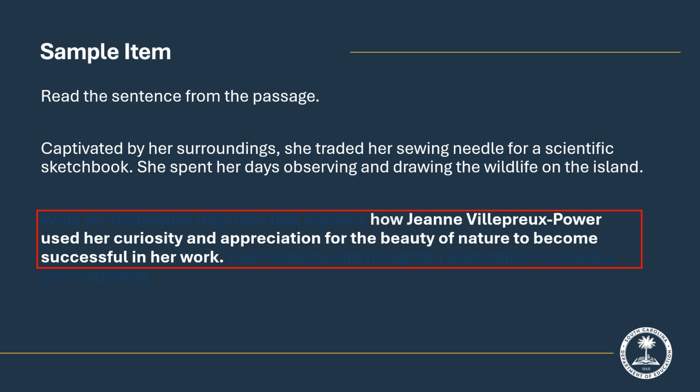In this case, we expect the writer to inform us about how this person used her curiosity and appreciation for the beauty of nature to become successful in her work. We expect to learn what her work is, how she is successful in it, and how her curiosity impacted her success.